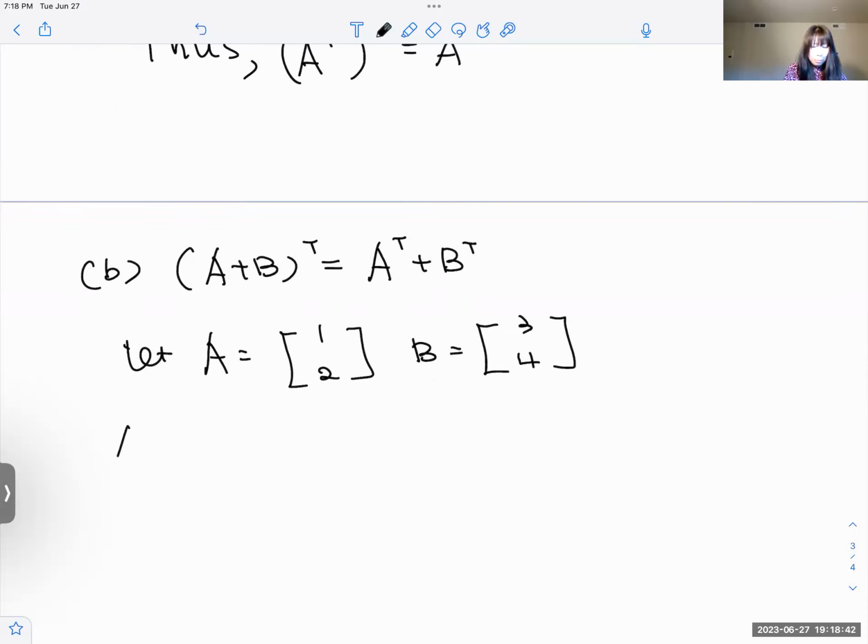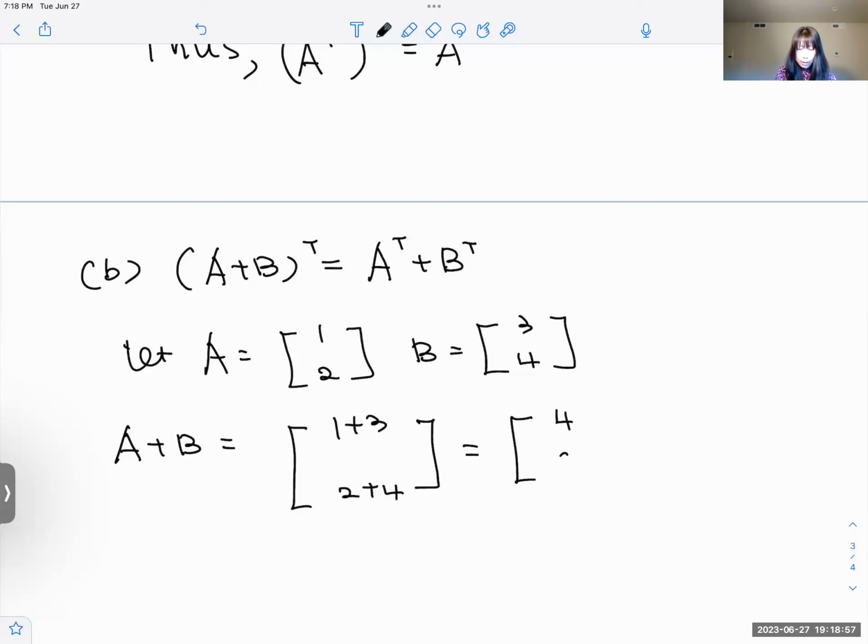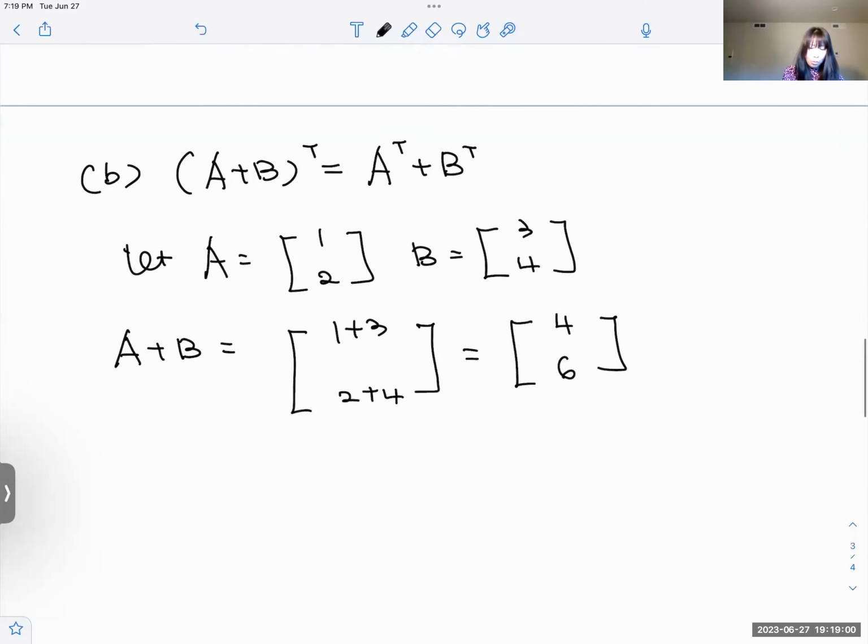So we have A plus B, same size, so 1 plus 3, 2 plus 4, that is 4 and 6. Now we want to make the transpose. This one is a column, so we can make a row, same thing, so we will use 4, 6.